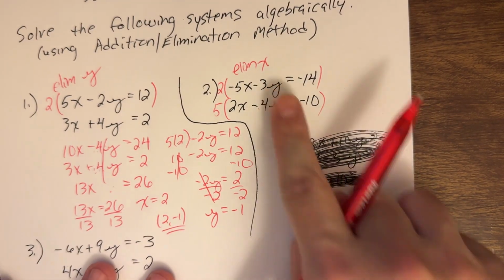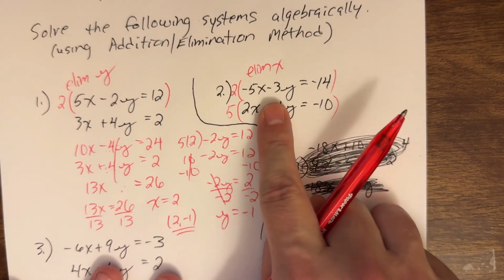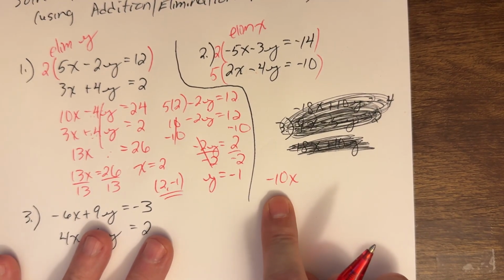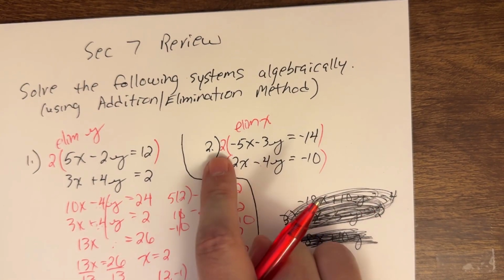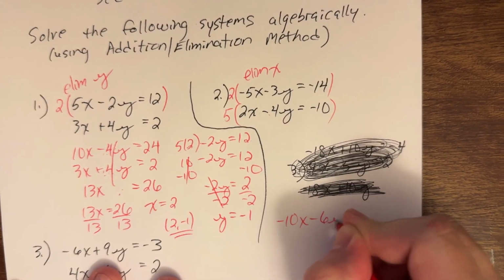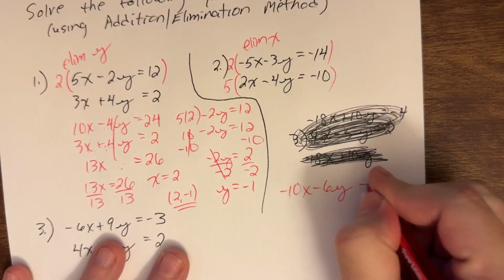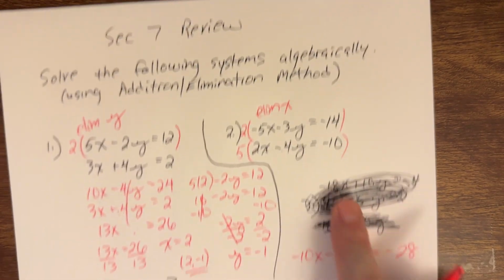So I'm just going to come down here again. Sorry for my mess. So I'll just come down here, multiplying the top one by 2. There's the -10x that I wanted, the negative sign and the 10, but I still have to keep going. I get a -6y from this. And then I get a -28 on that side.